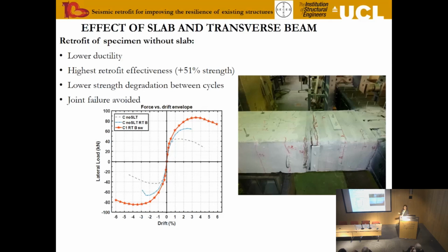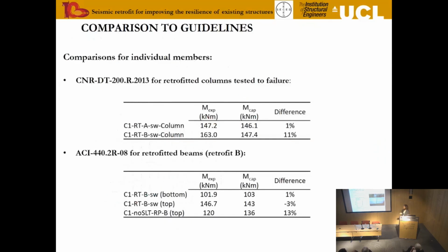And you avoid joint failure, of course, because you're wrapping the joint, essentially. So that's quite scary. What we do find as an advantage of weakening the slab is that actually, because we're then intervening on only the beam and only the columns, we can use current code guidance. And if we use the current code guidance, we find that there's actually a very strong agreement between the experimental moment capacity and the predicted moment capacity from the code, that are given by the strengthening application in the codes compared to what we see in the laboratory.